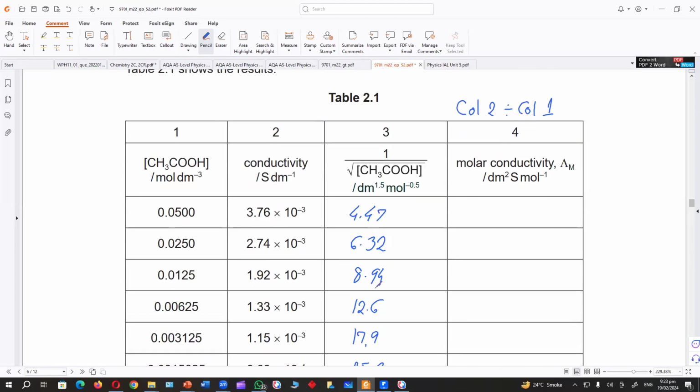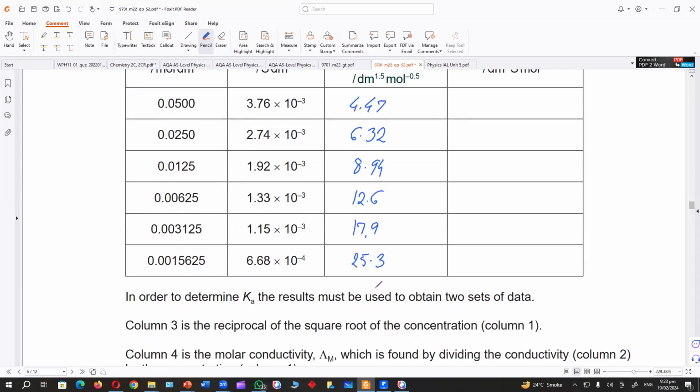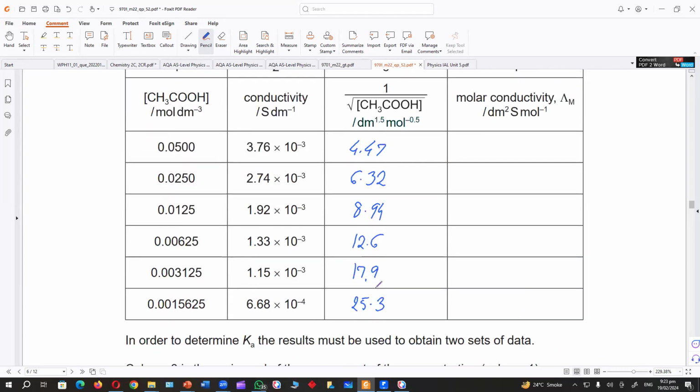Column 2 divided by column 1. The first one is 0.0752. And 0.110.